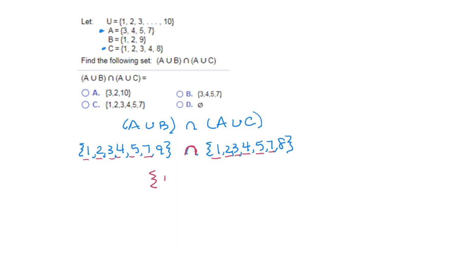So my answer will be that. All right, and then I want to look and match this with the correct answer. We have to choose one of the multiple choice answers, and that is going to give me C: 1, 2, 3, 4, 5, and 7.